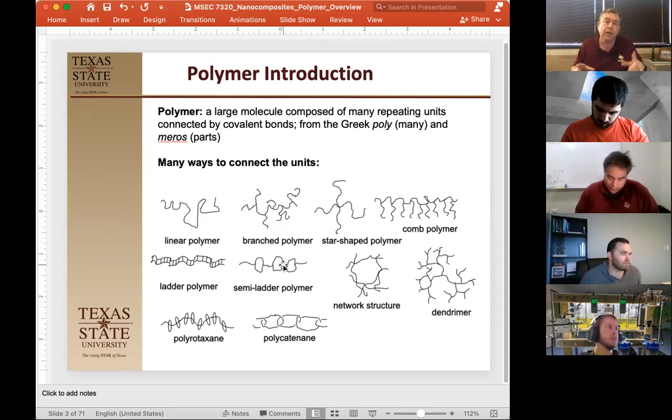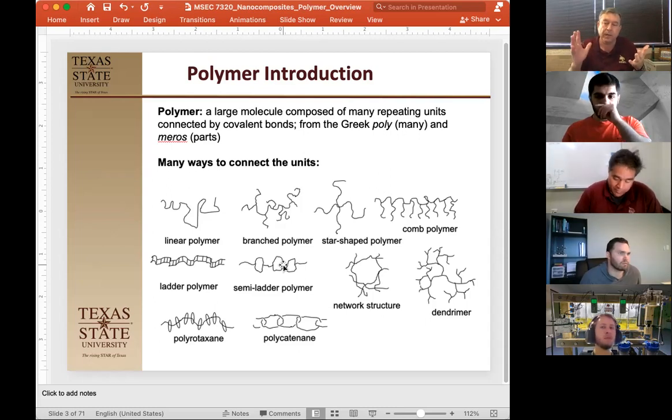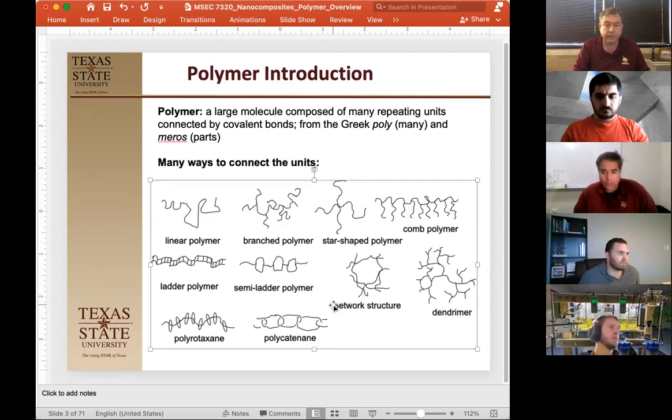Okay, and I'm going to talk about molecular interactions later, because molecular interactions between polymers is one thing, but molecular interaction between the polymer and the nanomaterial is another thing that really drives how easy it is to make the nanocomposite and what kind of properties you'll get from that nanocomposite. So we'll talk about that in additional slides. Okay, let's do that.